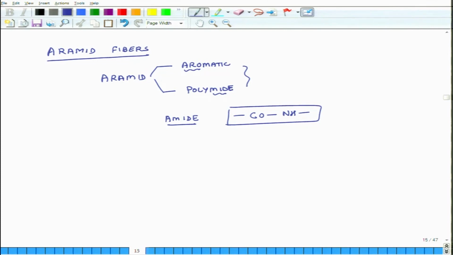An aromatic is typically associated with a phenyl ring. So, it will be something like this.